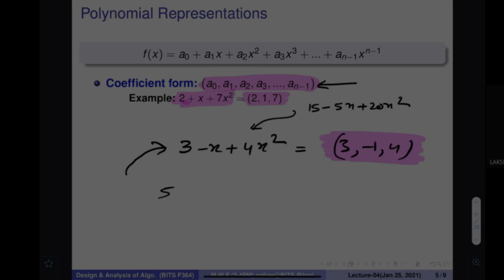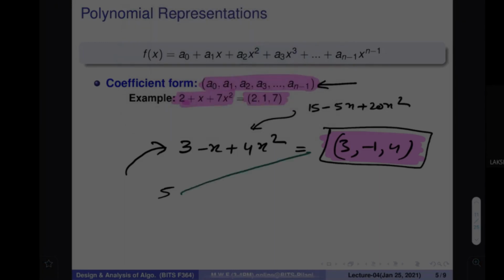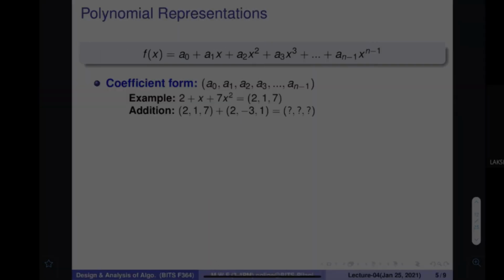But in the computer this is the value that you have. If you multiply the 5 over here, you get 15, minus 5, 20. So you can see that scalar multiplication is directly possible. You can directly multiply with the scalars over here.